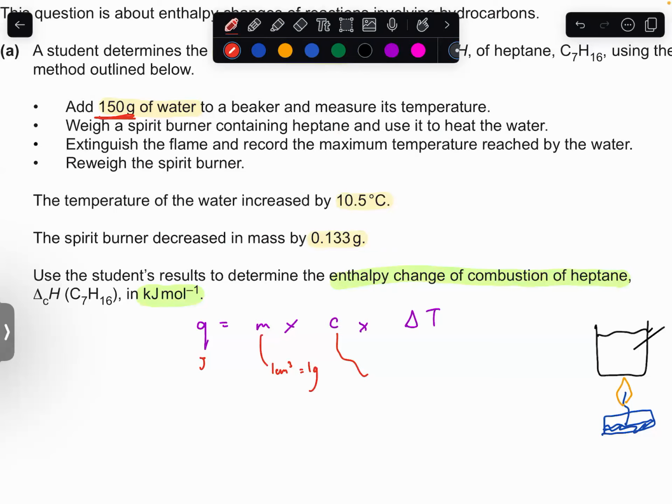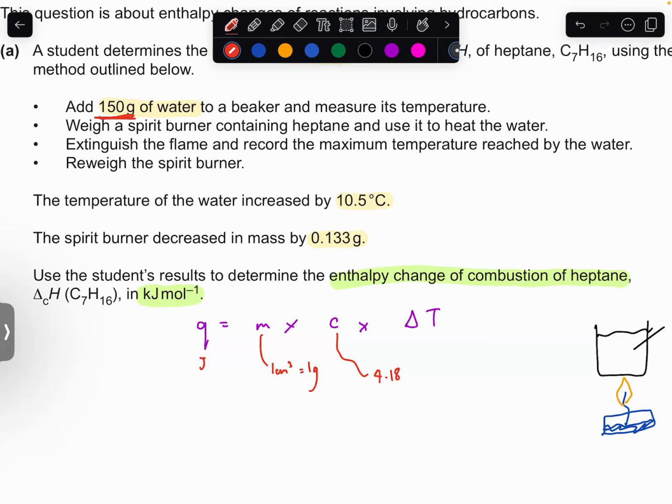And this is a value you need to learn off by heart, 4.18. And what's really interesting, with specific heat capacity of water, what you need to do is understand the units. By the way, this value is given in the data sheet, but it's good to know off by heart.